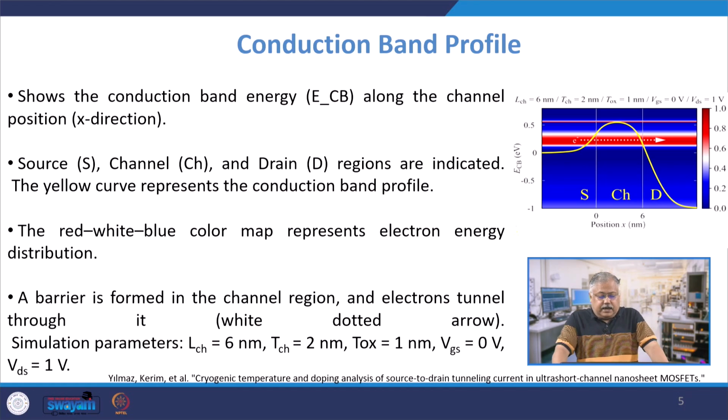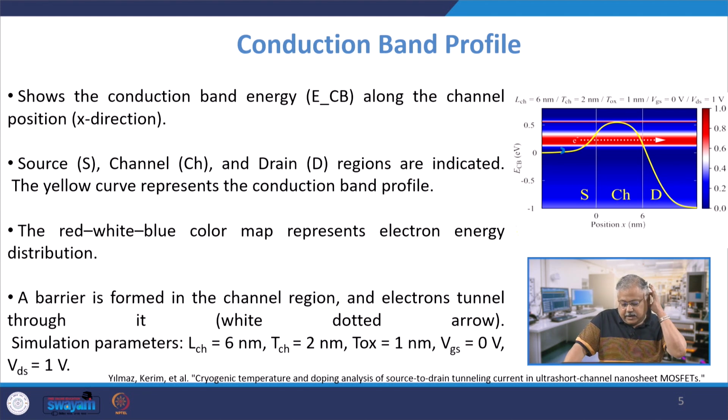Now, if you look at the conduction band profile between the source, channel and the drain for a double gate device, the yellow curve represents the conduction band profile, right.